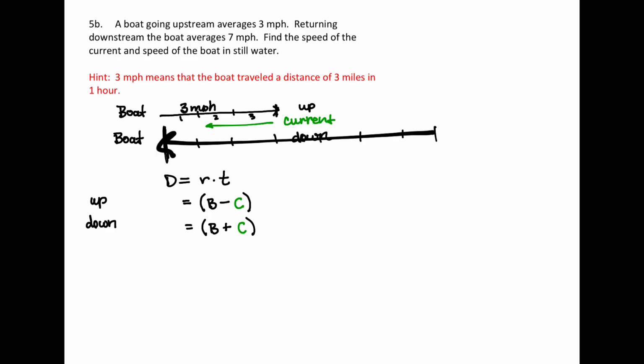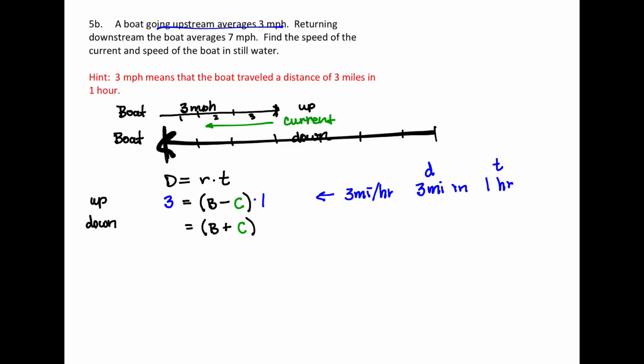So if this one is upstream, it's 3 miles per hour. In other words, 3 miles in 1 hour. This is our distance and this is our time. So let's put them in over here. Distance is 3 in 1 hour.